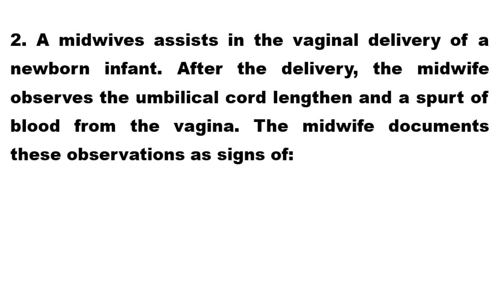Question number 2. A midwife assists in the vaginal delivery of a newborn infant. After the delivery, the midwife observes the umbilical cord lengthen and a gush of blood from the vagina.